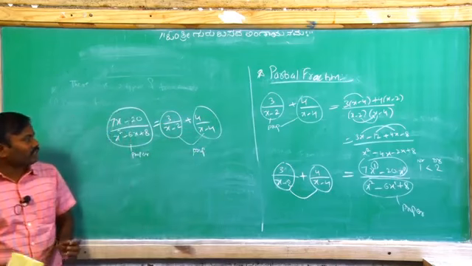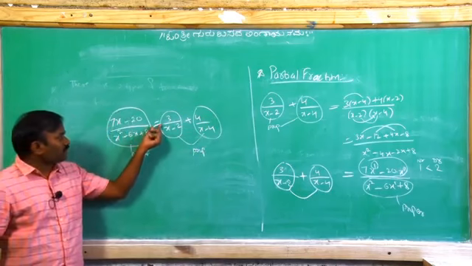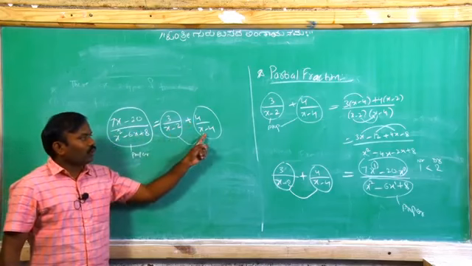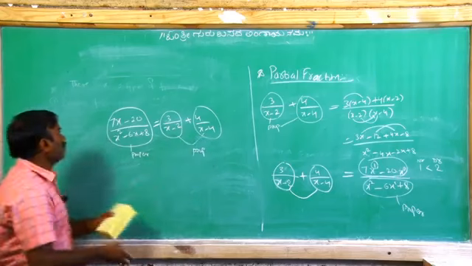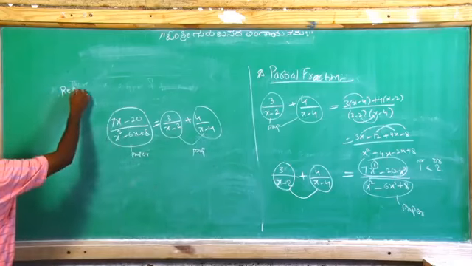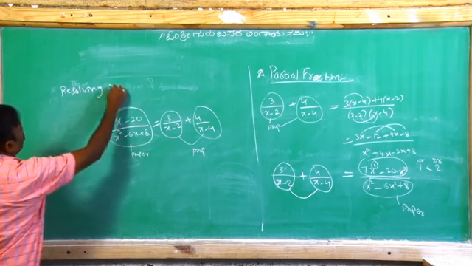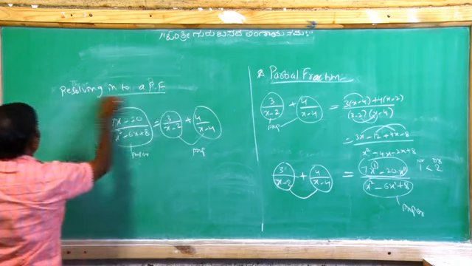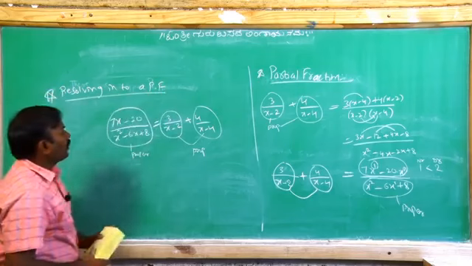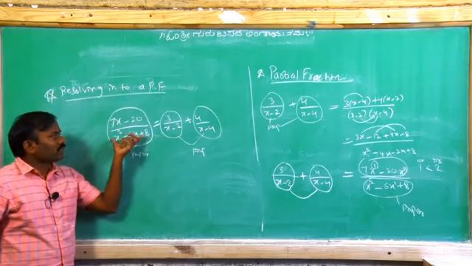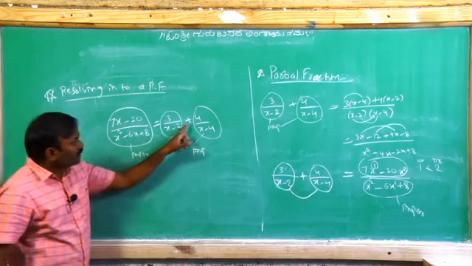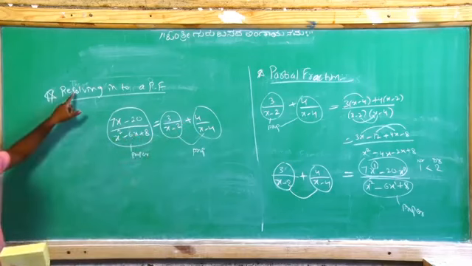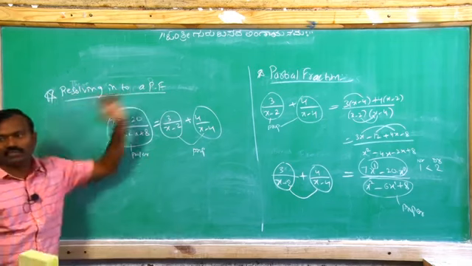So one more definition: when we have to express a single proper fraction as a sum of two or more proper fractions, it is called resolving into partial fractions. Another definition: when we have to express a single proper fraction into a sum of two or more proper fractions, it is called resolving into partial fraction.